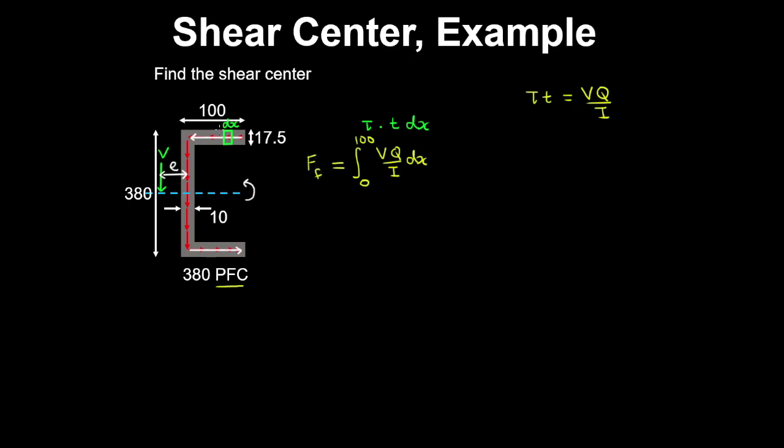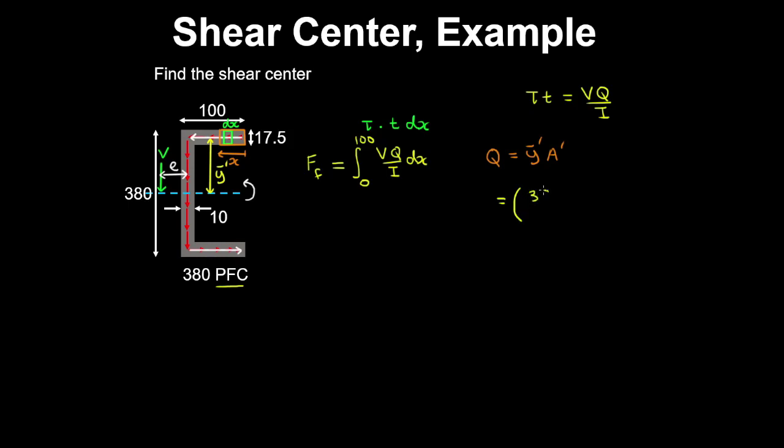Now as we go from the left to the right of the section, taking an area of the flange that's at some distance x from the edge, then Q is y bar dash of that area by A dash. So as we can see, the centroid of this area, measured from the centroid of the section, can be calculated using geometry.